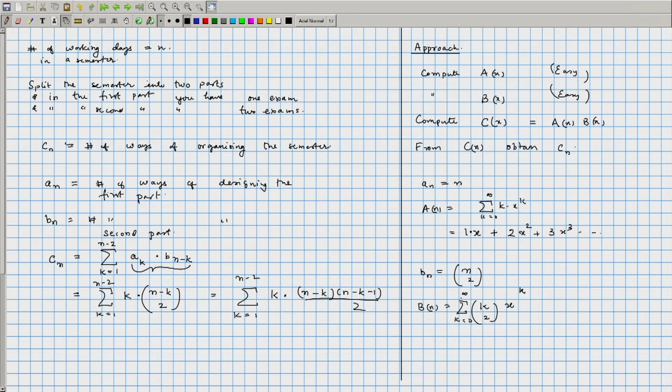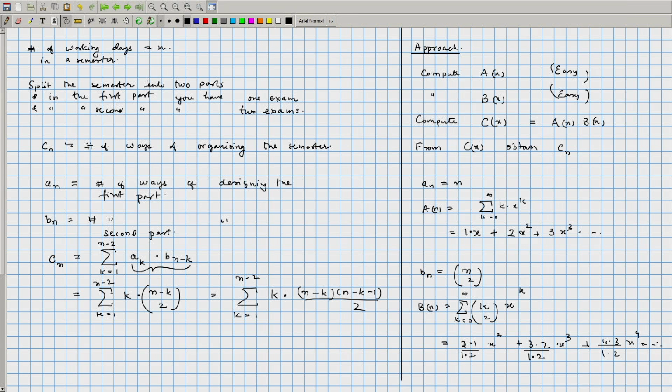So, the k equals 0 and k equals 1 terms are going to be absent. So, this is going to be equal to 2 into 1 by 2 into x square plus 3 into 2 by 2 into x cube plus 4 into 3 by 1 into 2 into x raised to 4 and so on.